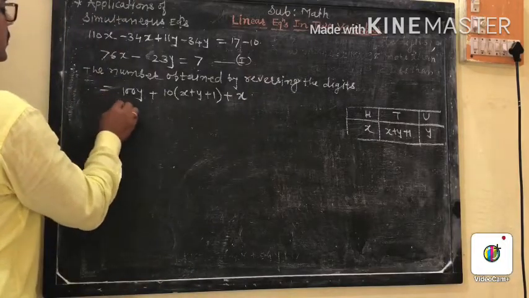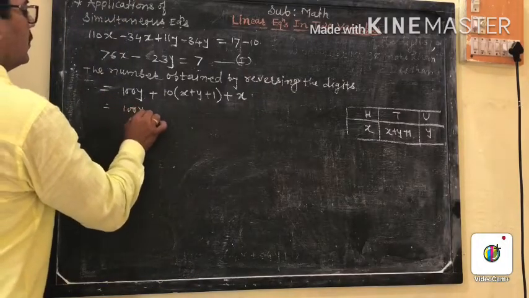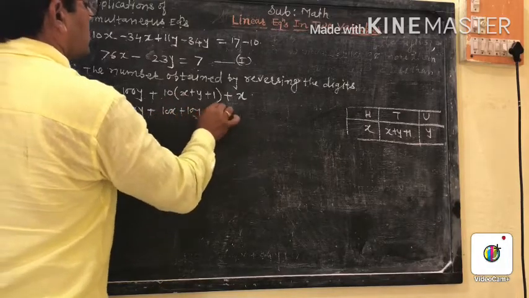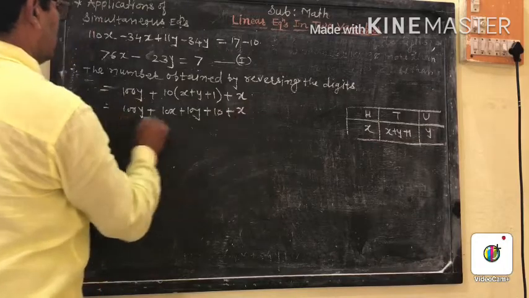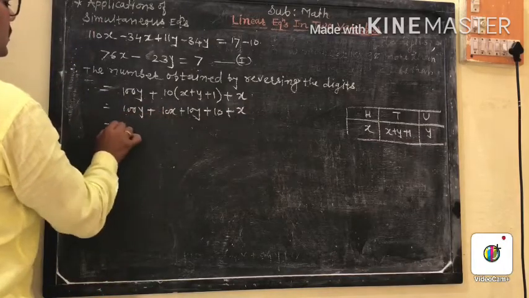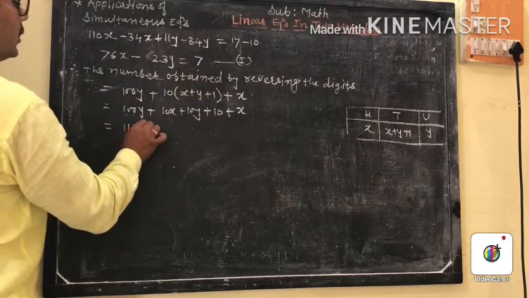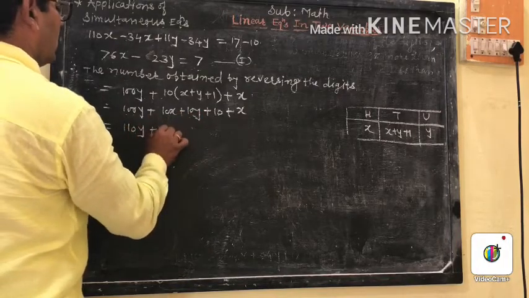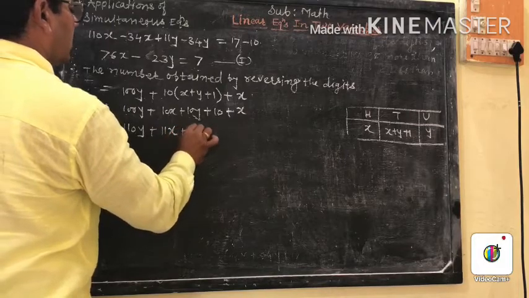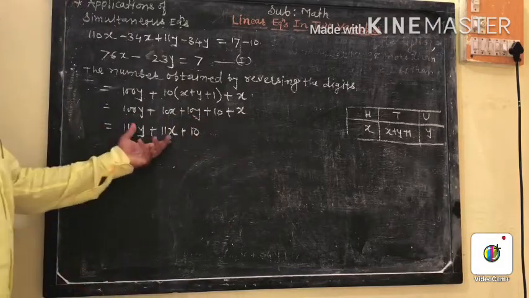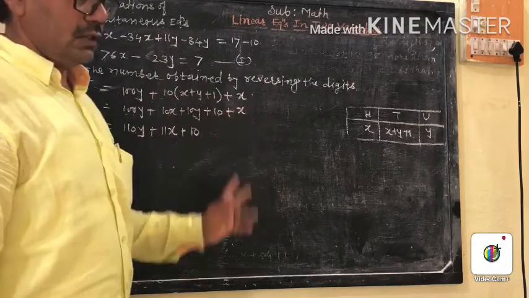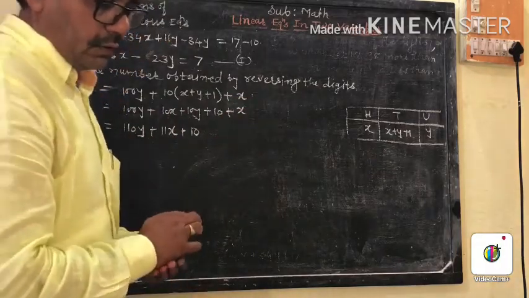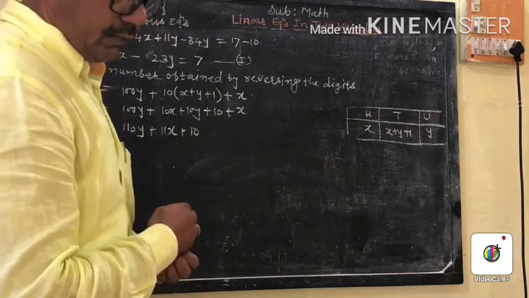Simplifying this: 100y plus 10x plus 10y plus 10 plus x, is 110y plus 11x plus 10. This is the number obtained by reversing the digits.